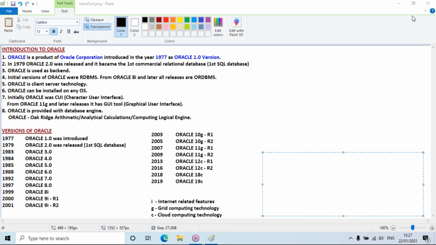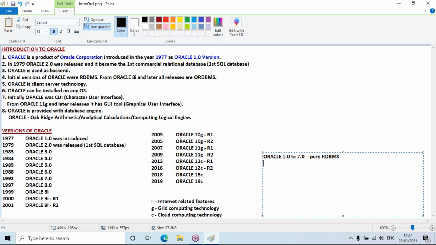Okay. Now, coming to here, especially connecting with Oracle, if you look into all this, Oracle 1.0 to 7.0, they are all pure RDBMS.